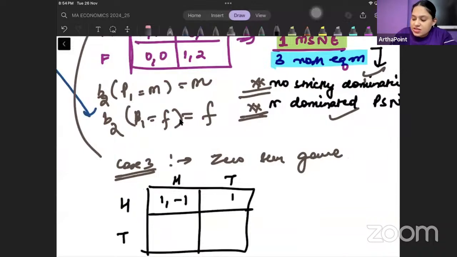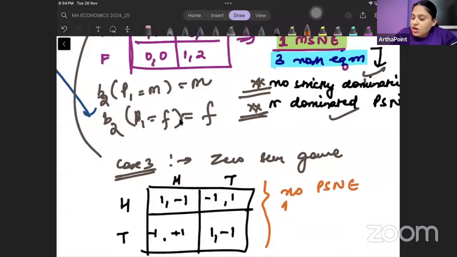When it was tail, second giving to first. When it was the same, it was like this. Right? तो इसमें भी हमने देखा था that there was no pure strategy Nash equilibrium, only one mixed strategy Nash equilibrium, and total was coming out to 1.